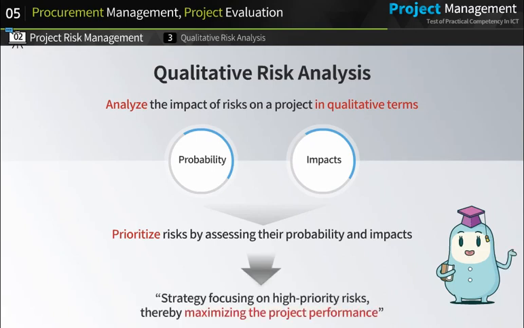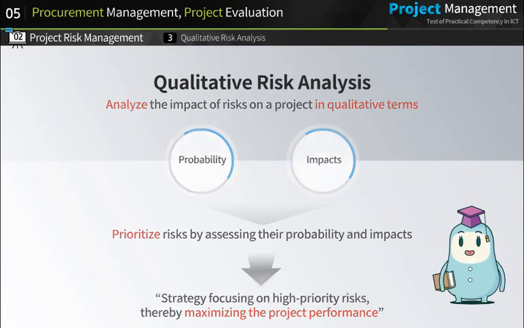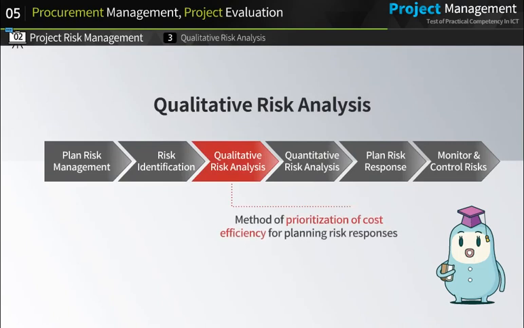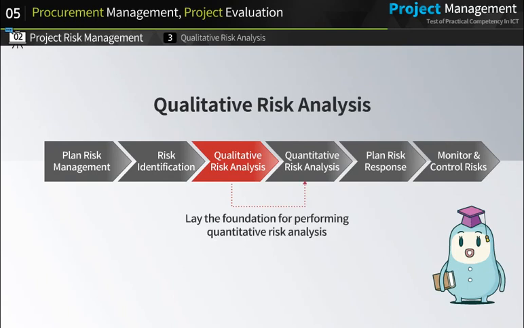This process involves a strategy focusing on high-priority risks, thereby maximizing the project performance. Qualitative risk analysis is also a method of prioritization of cost efficiency for planning risk responses. Also, it lays the foundation for performing quantitative risk analysis.